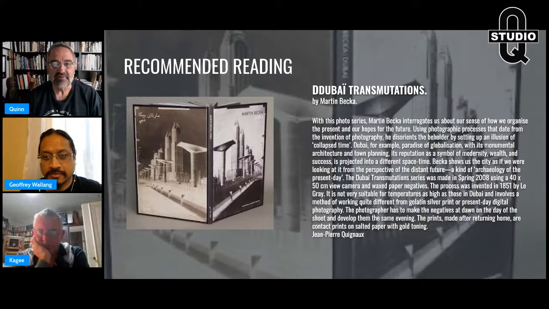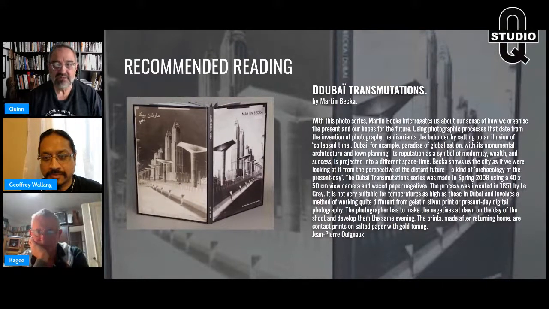Using photographic processes that date from the invention of photography, he disorients the beholder by setting up an illusion of collapsed time. Dubai, for example, paradise of globalization, with its monumental architecture and town planning, its reputation as a symbol of modernity, wealth, and success is projected into a different space-time.